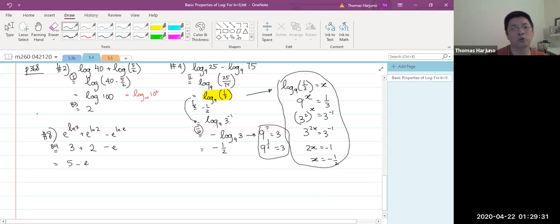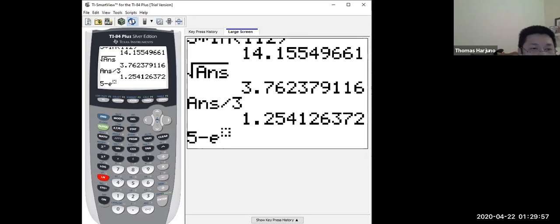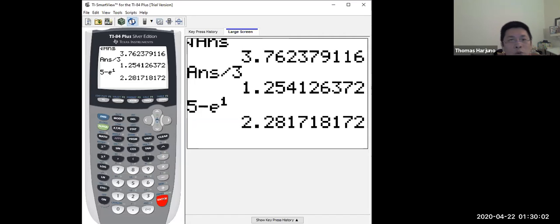I think you should get 2.2 something, but round it to 5 decimal places instead. 5 minus e, that's e to the 1. 2.28172.